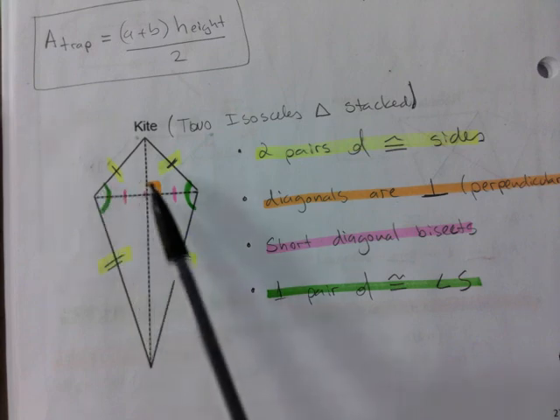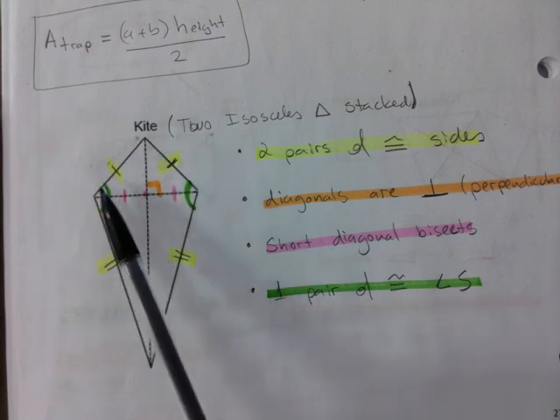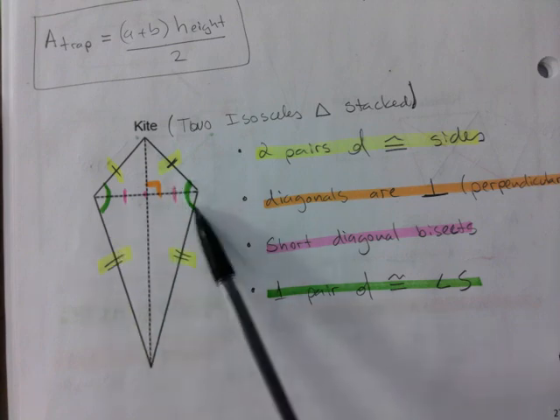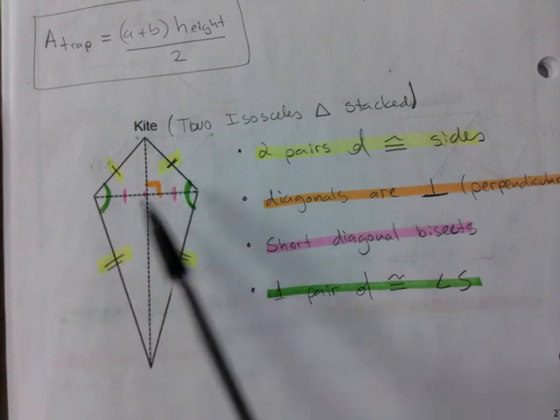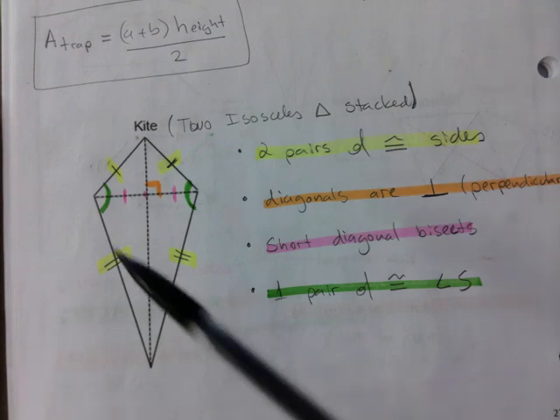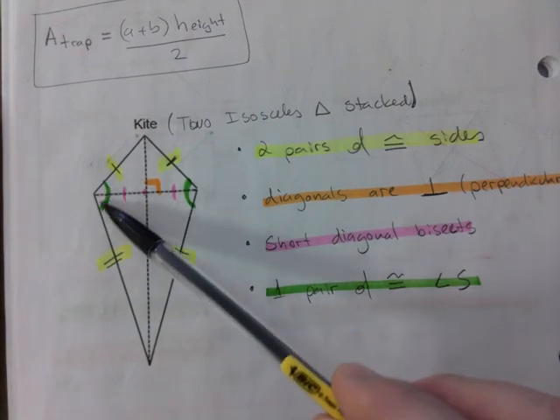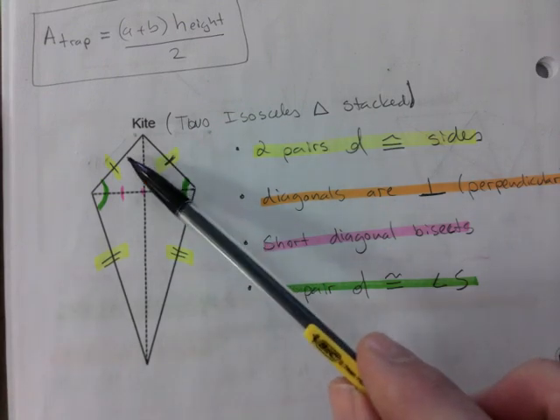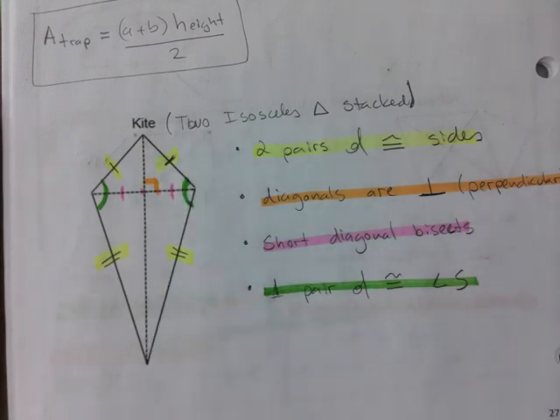Because if this is an isosceles triangle and the base angles are the same, and then you take another isosceles triangle where the base angles are the same and you stack them, it stands to reason that the whole thing should be equal. But the top and bottom are not, okay? The top and the bottom are not the same.